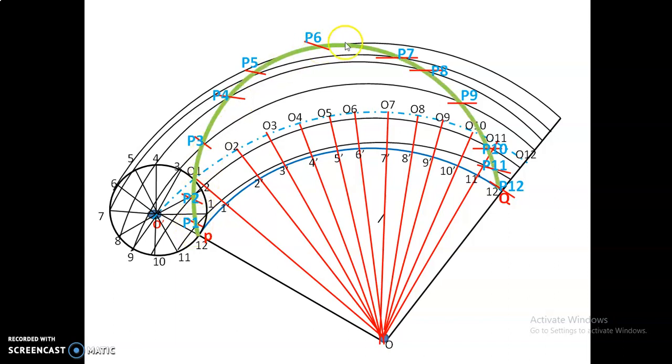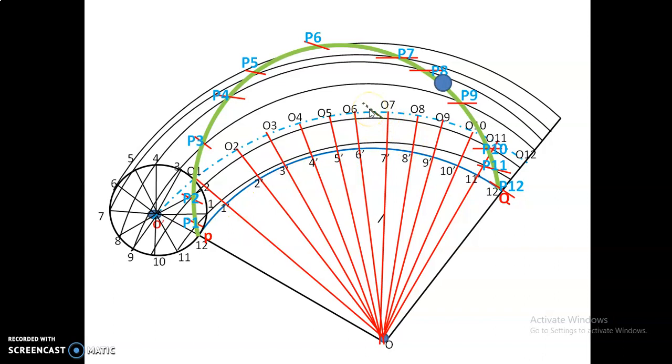This green color line is the epicycloid curve. If you want to draw the tangent and normal line, mark a point M anywhere on the epicycloid curve. So I am taking it here. This is point M. M is the center point. Radius is 20 mm.